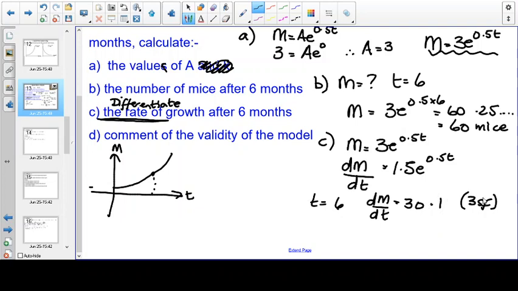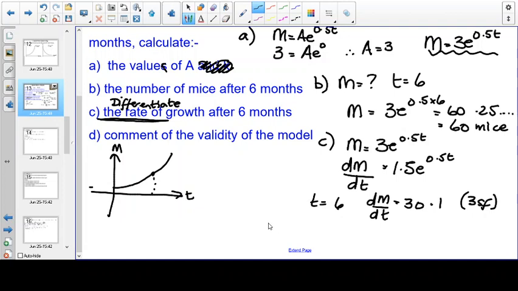I'm just going to leave that to 3 significant figures because we're not after a number of mice, we're after a rate. So I'm going to leave that as a decimal as opposed to rounding it like I did in the previous one. So that's the rate that is growing. At that instant where t is 6, there is an increase of 30 mice.